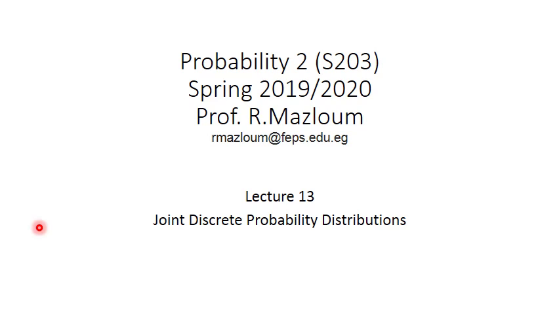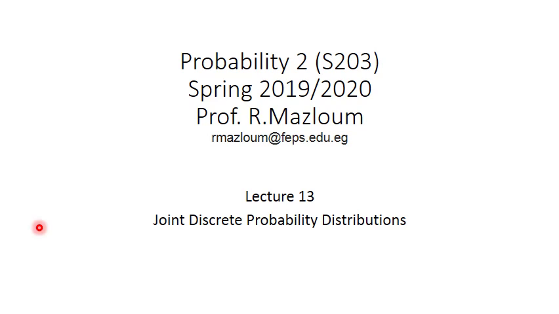Last time in lecture 12, we defined what we mean by joint probability distributions, and we said we can define 2, 3, or any number of random variables, and we study the joint behavior of all of them.